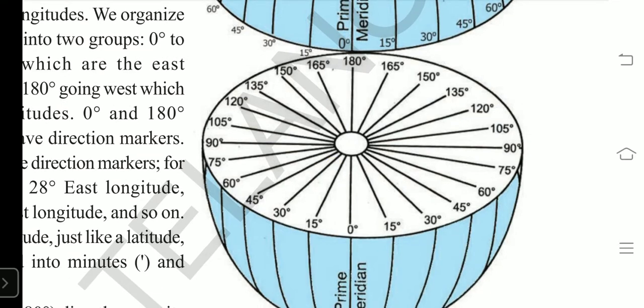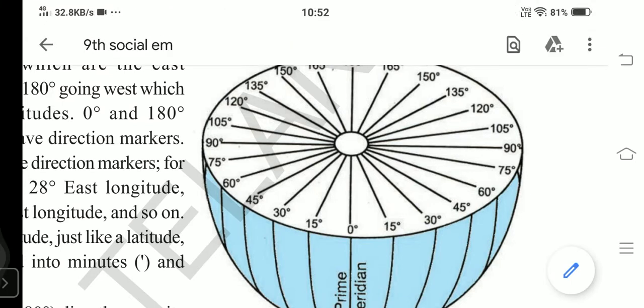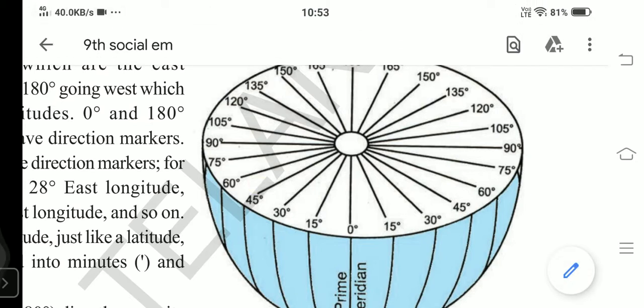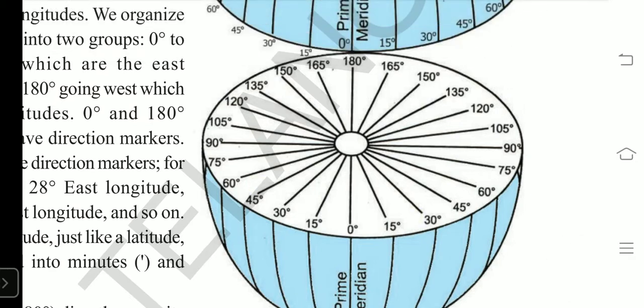Of that, 180 longitudes we find in the Eastern Hemisphere, another 180 longitudes we find in the Western Hemisphere. For saying, we use it in that way, but we find only 179 here, west 179 and east 179. Finally it becomes 360 longitudes.